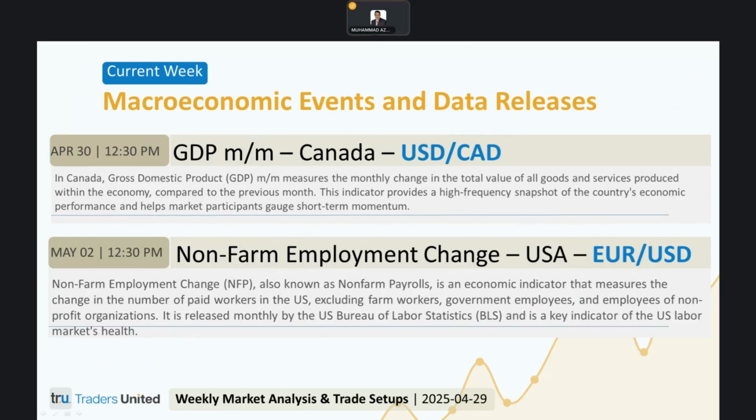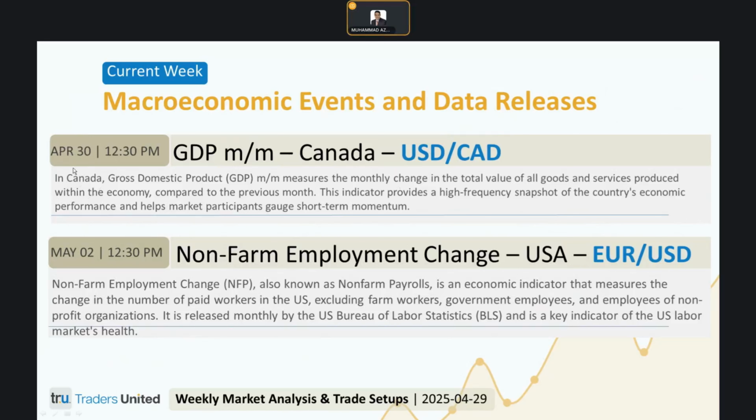The data is released by Statistics Canada and covers a broad range of sectors, including manufacturing, services, construction, energy, and more. As a resource-rich economy, Canada's GDP figures are particularly sensitive to fluctuations in global commodity demand and prices, especially oil and natural gas. A positive reading indicates expansion, while a negative figure suggests a slowdown in economic activity.